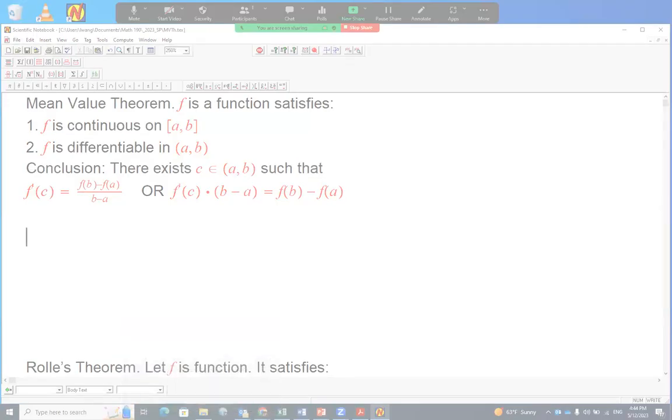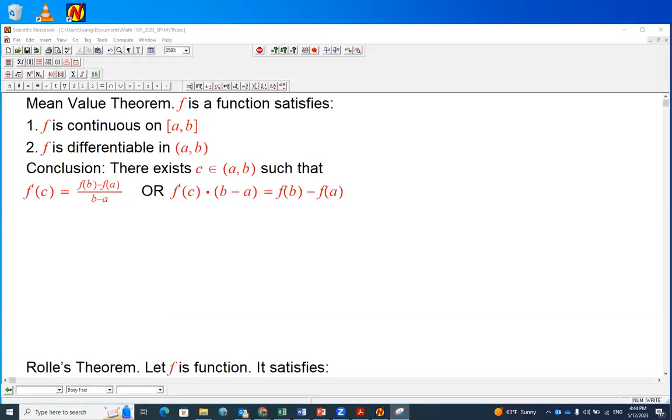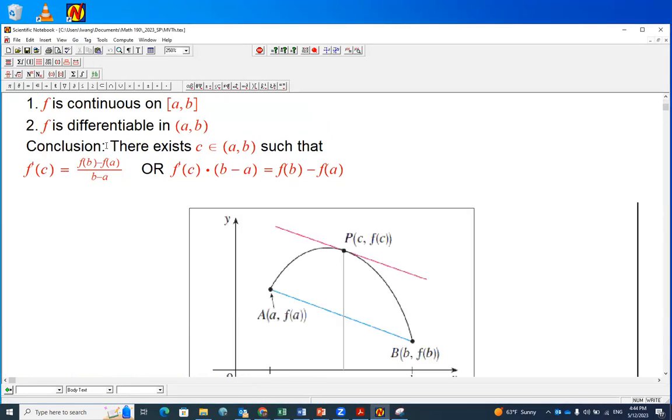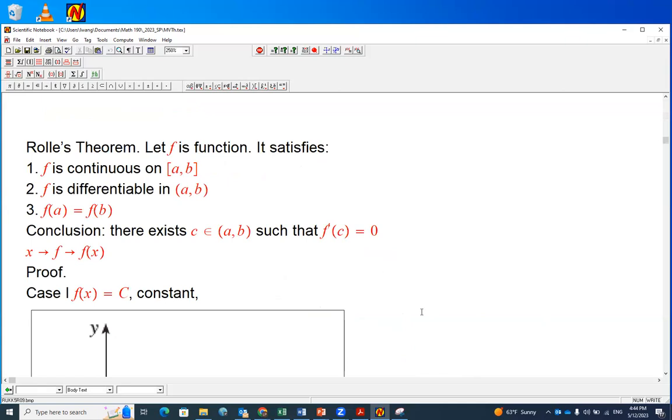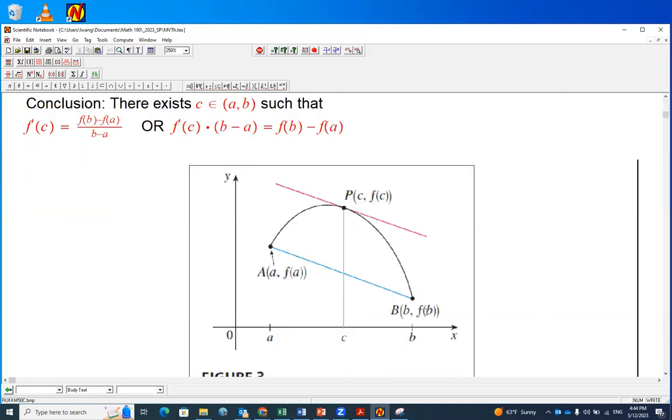This is from the textbook, and we're just going to illustrate what it means. This is the first picture. There's a point A and a point B.